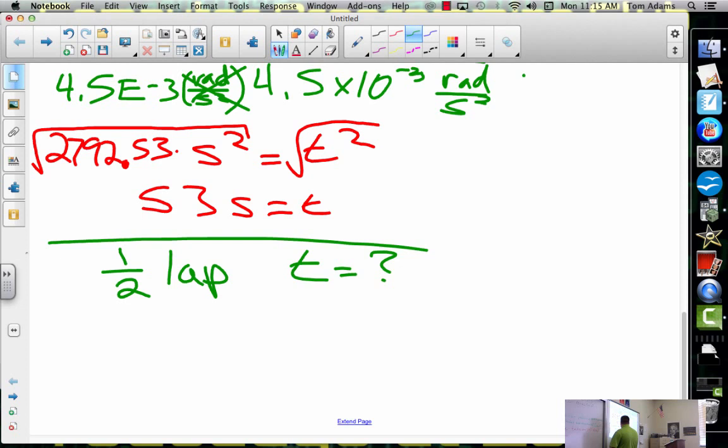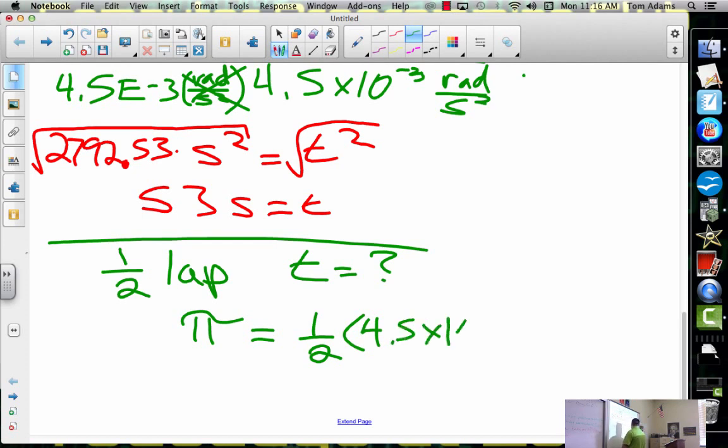So what would delta theta be? Instead of 2 pi, it would just be pi. So it would be pi is equal to 1/2 times the 4.5 times 10 to the negative 3, times t squared. And then you would solve that one.